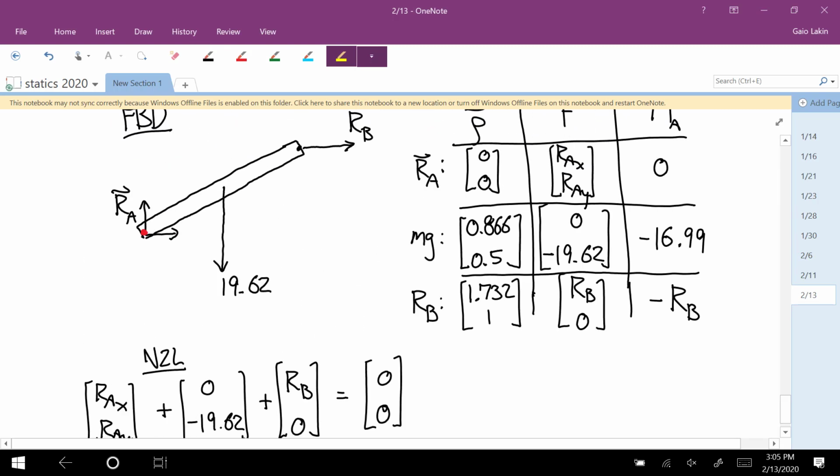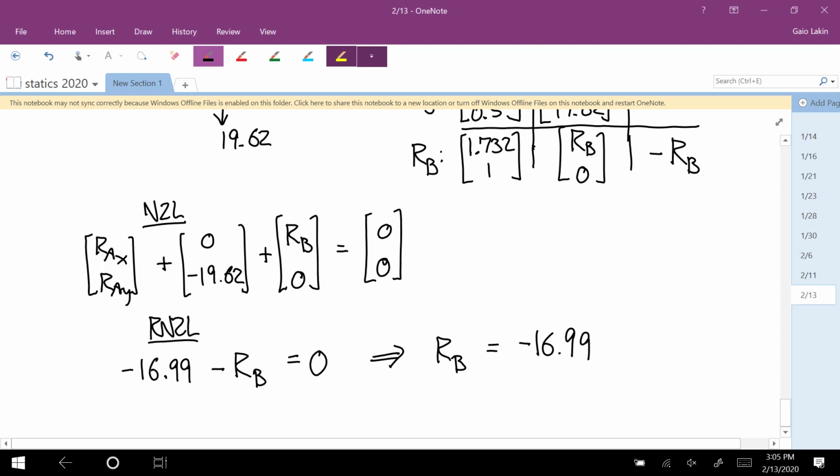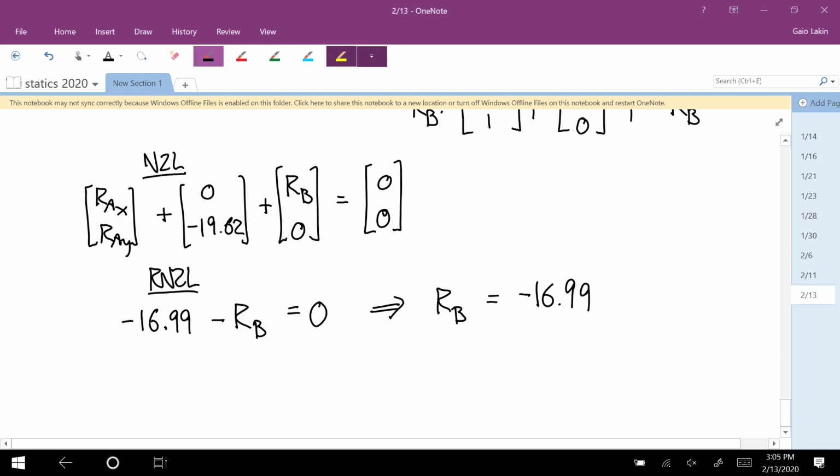And then the moment equation says negative 16.99 minus RB is equal to 0. So we know that RB is equal to negative 16.99. And then we can calculate RA. The Y is positive 19.62, and the X is positive 16.99.